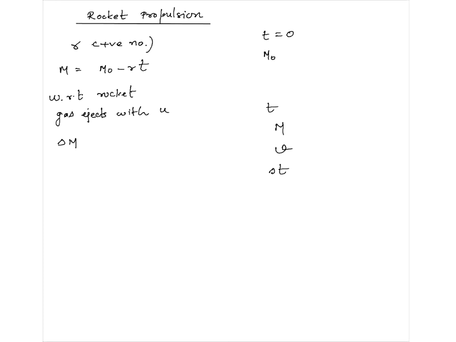In fact, delta means final minus initial, and final mass is less than the initial mass. So delta m would be negative. If I want to make delta m positive, then I can call it the mass of the gas.